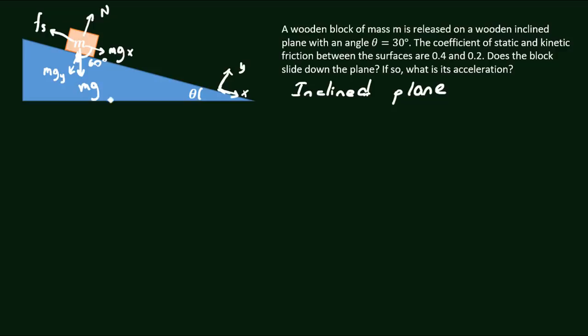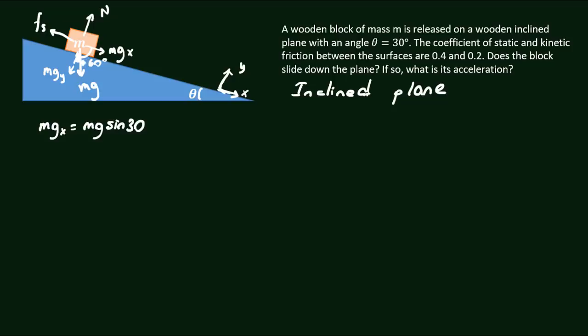Hence, to calculate the x component of the mg force, we use mg times sine of 30, because for this angle, the x component is a sine.